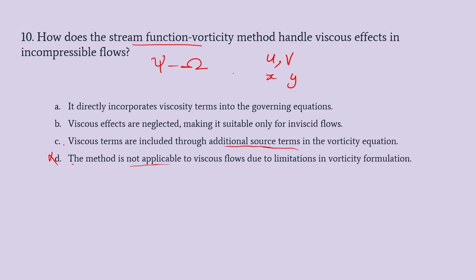What we can't include in the general variables, we have to introduce those effects through additional source terms. So there will be some source terms, plus whatever we can't model will also be modeled as source terms. So option C is our answer.